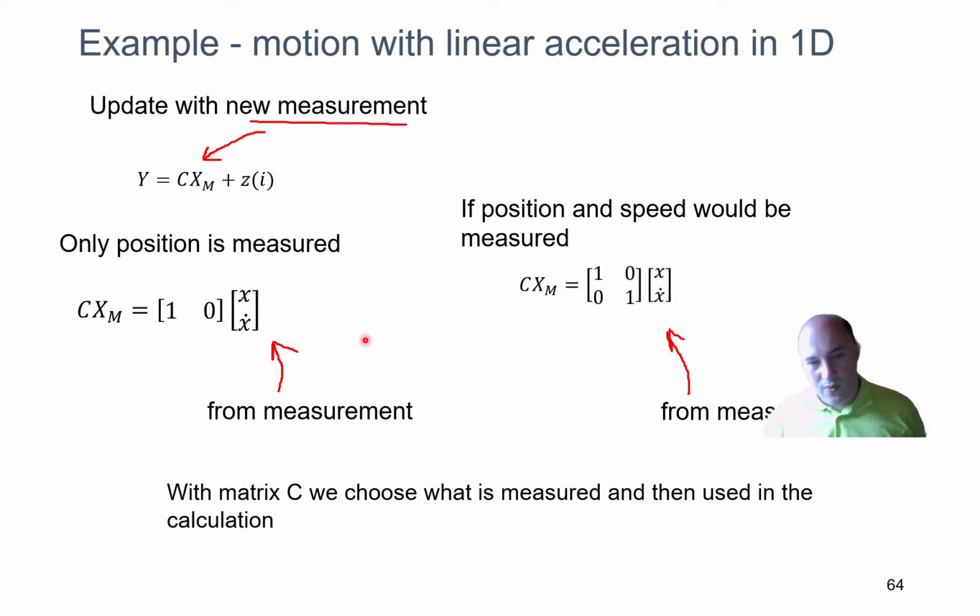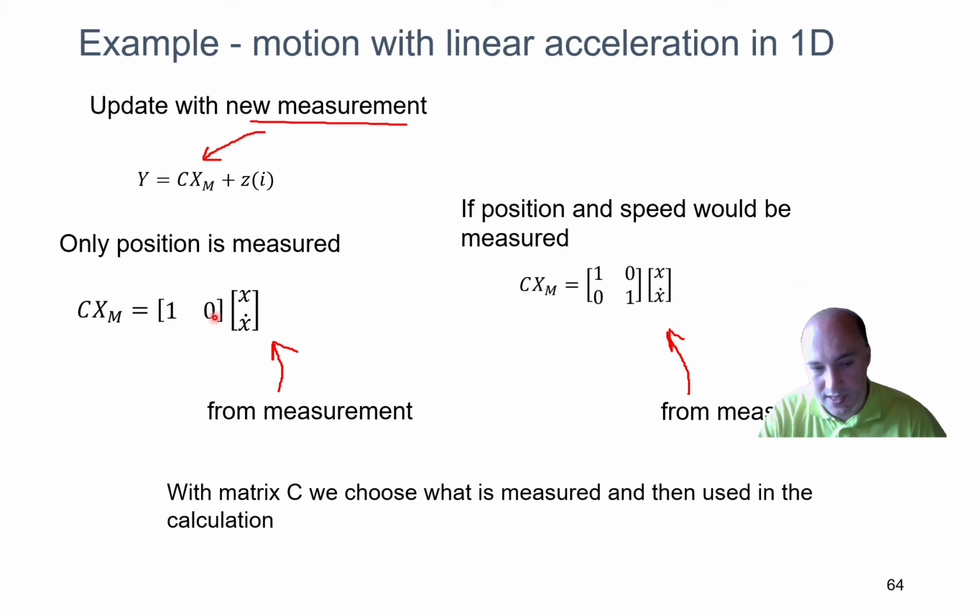Now how do we actually form the matrices that we need for our Kalman filtering? We will first need to understand how to create the matrix C. The matrix C tells us what we actually measure and how we incorporate this measurement into our calculation. So for example, if I use only a sensor for position, if I measure only position, then I can choose that the matrix C looks like this.